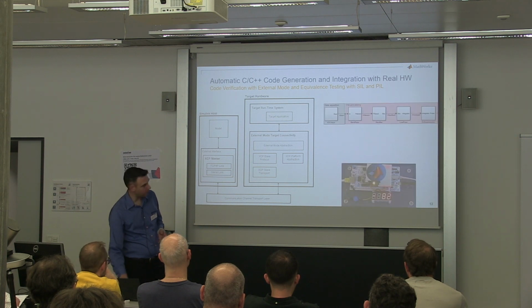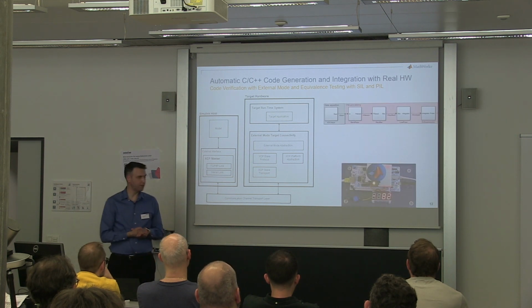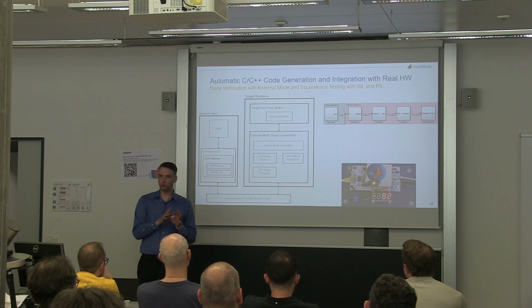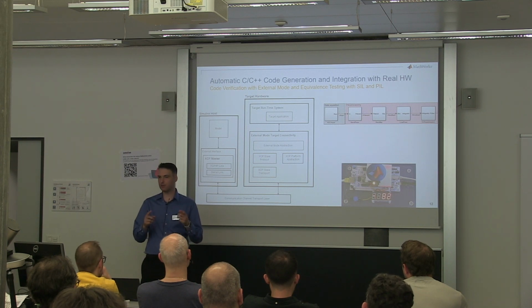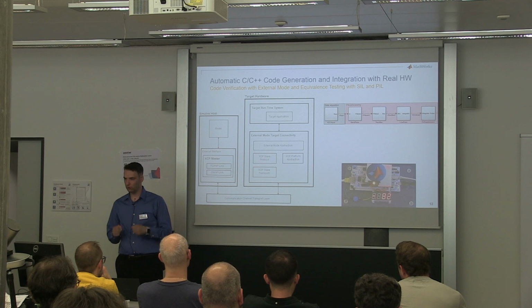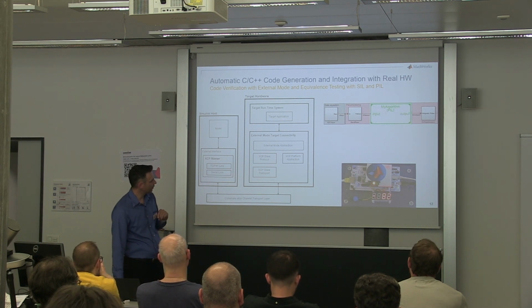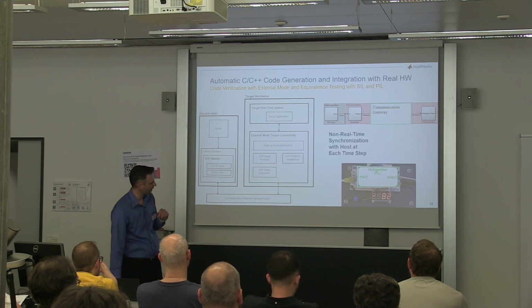Otherwise, we have also software and processor in the loop. They are basically the same, except that software in the loop will generate code for one part of your model and keep it onto the host computer. Processor in the loop will do the same, except that it will download the code onto the real target hardware. So here, for example, what we do is that we generate code from the section of the model we would like to test, and then we will create a gateway, create a PIL block for processor in the loop, and deploy it onto the target like this.